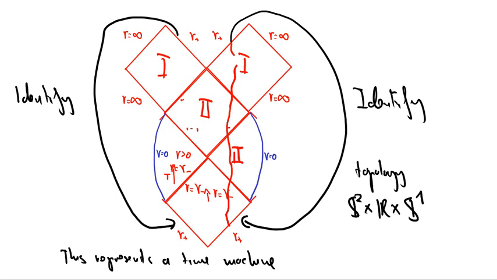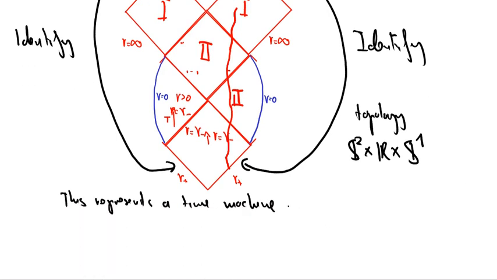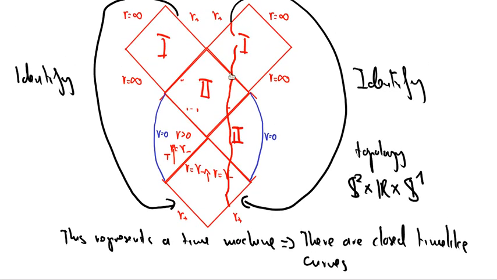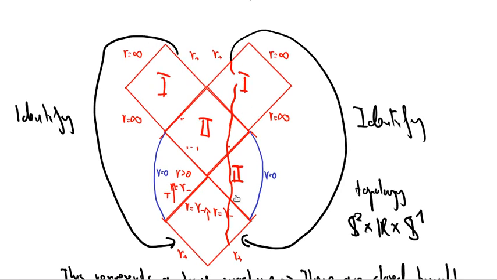Because there are closed time-like curves here. And this observer is just an example of one of these closed time-like curves. I would have to join this.